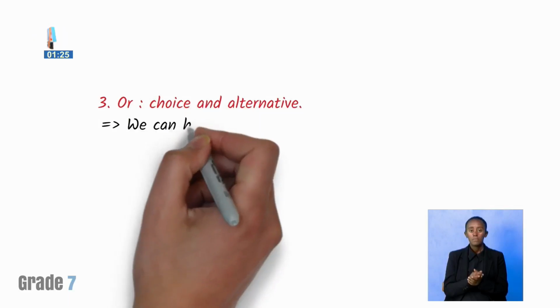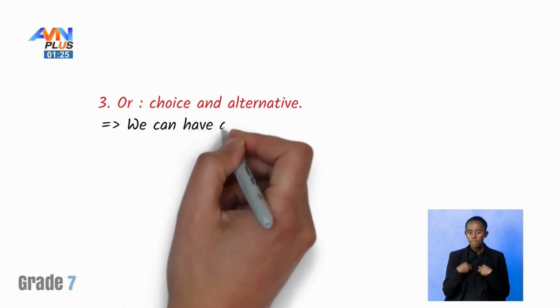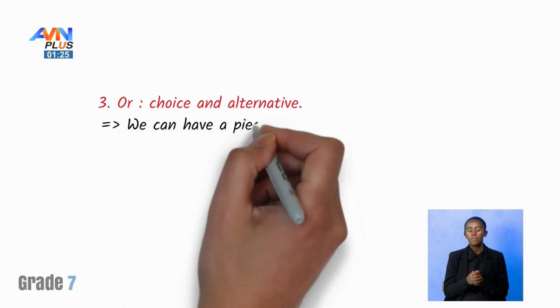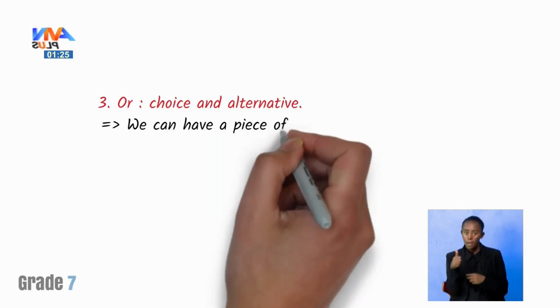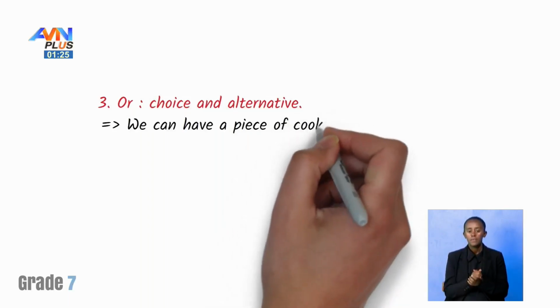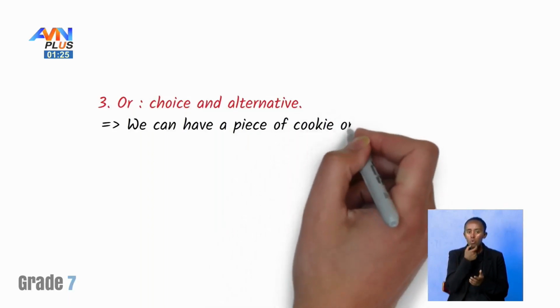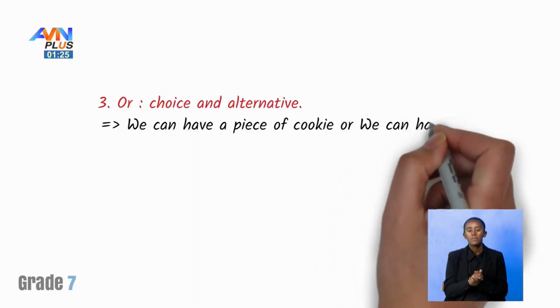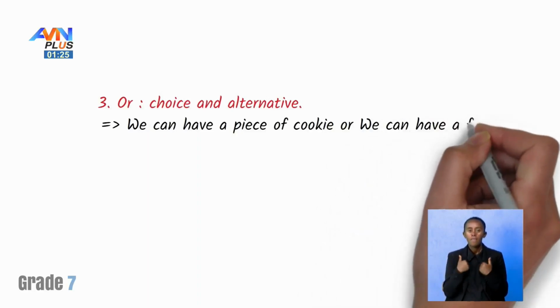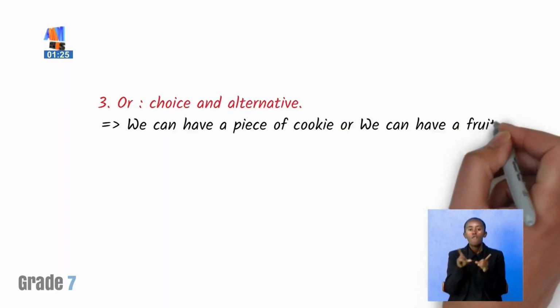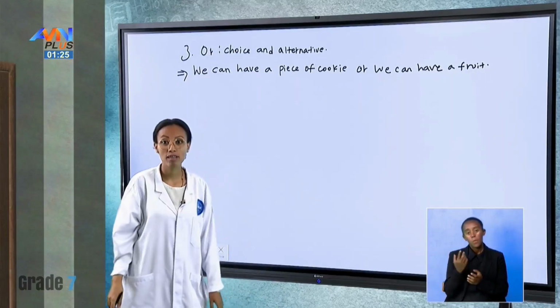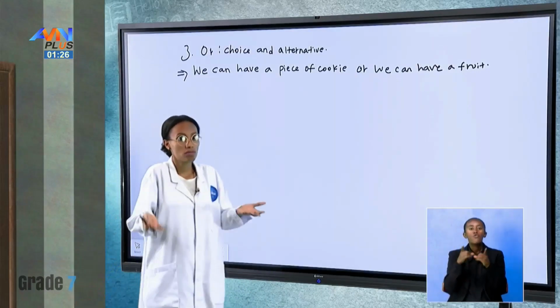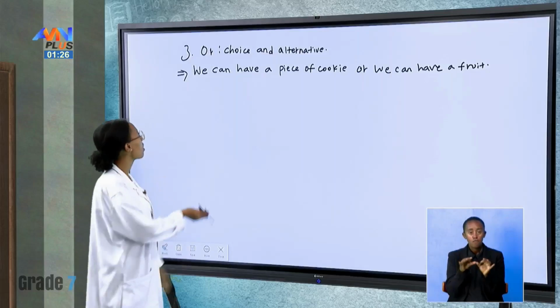We can have a piece of cookies, or we can have a fruit. We can have what? A fruit. So, it's a choice.